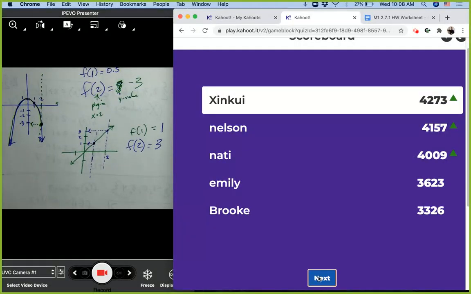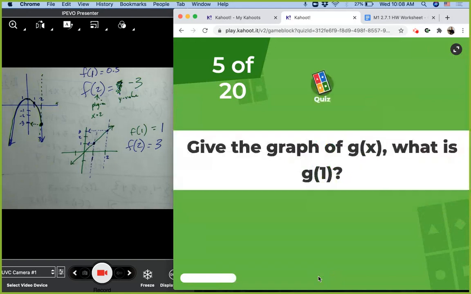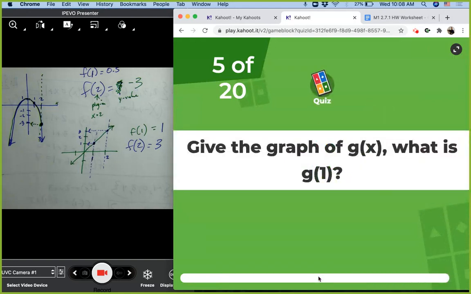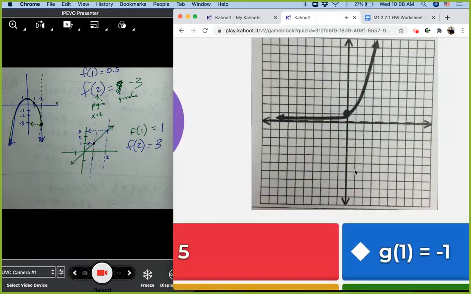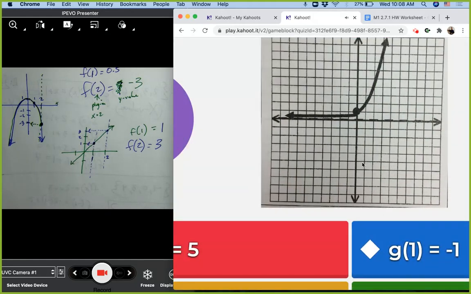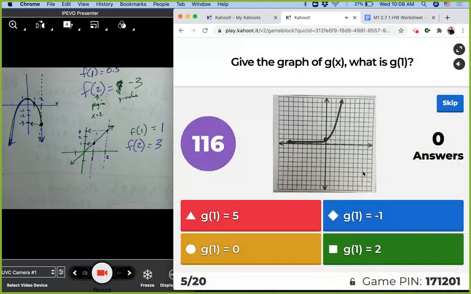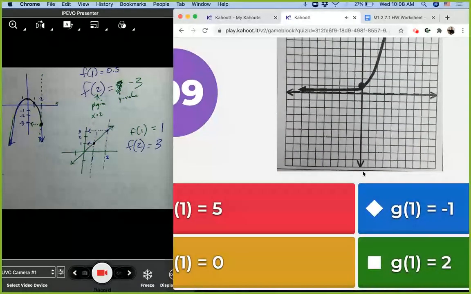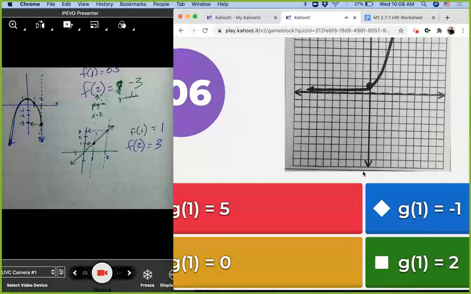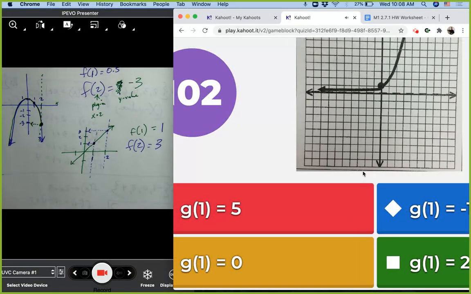Let's see it. All right, number 5. Given the graph, what is g of 1? Same idea. Let me zoom in for you. Oops, too far. What is f of 1? Sorry, g of 1.